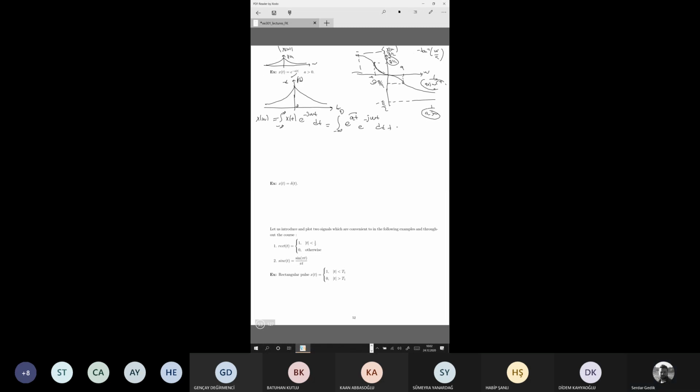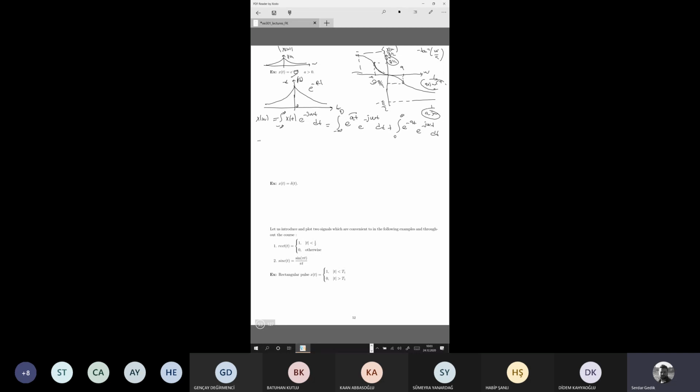Plus the integral from 0 to infinity. If t is positive, then I will directly write this as e to the power minus at, e to the power minus j omega t dt.